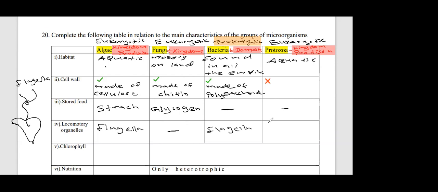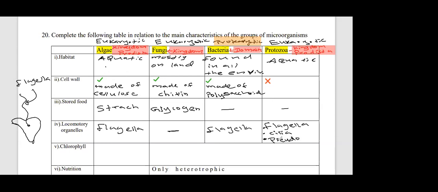Protozoa can have a lot of locomotory organelles. One is flagella. Second, cilia. Third, pseudopodia.